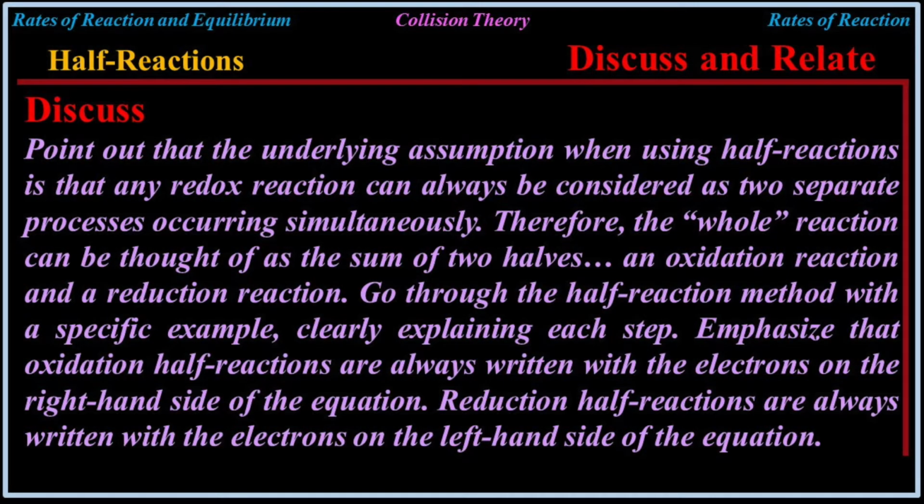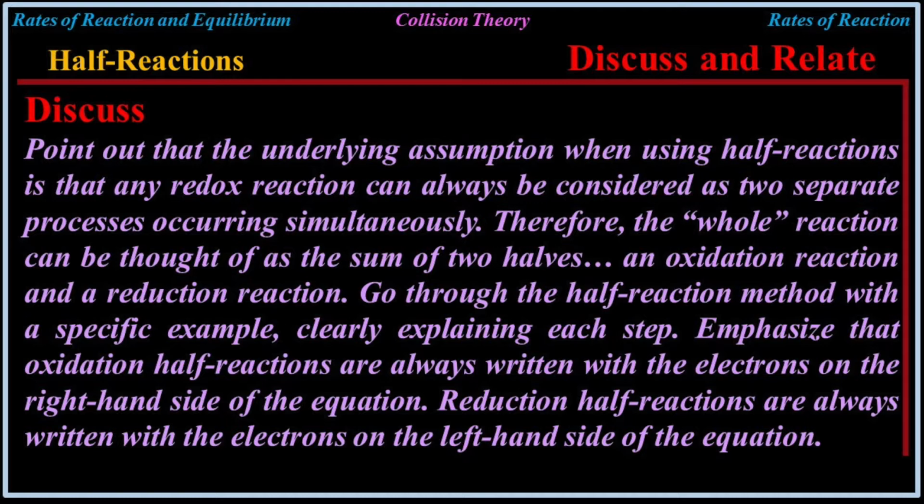Point out that the underlying assumption when using half reactions is that any redox reaction can always be considered as two separate processes occurring simultaneously. Therefore, the whole reaction can be thought of as the sum of two half reactions, an oxidation reaction and a reduction reaction.